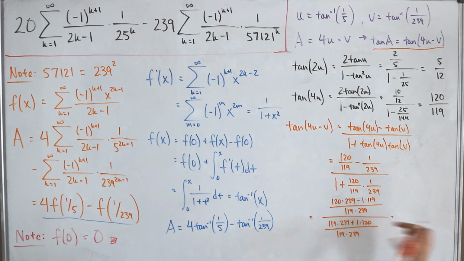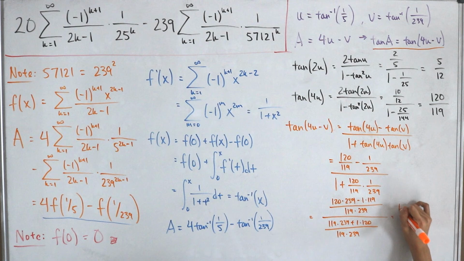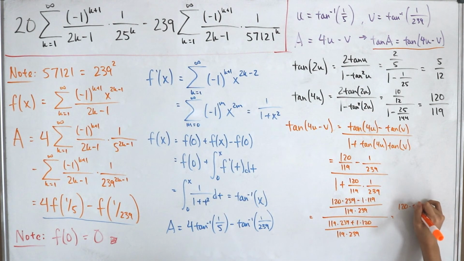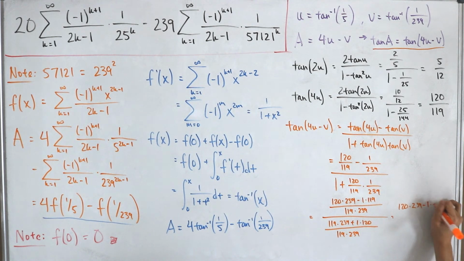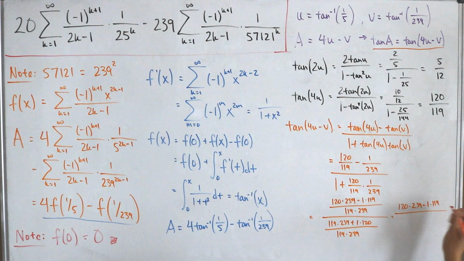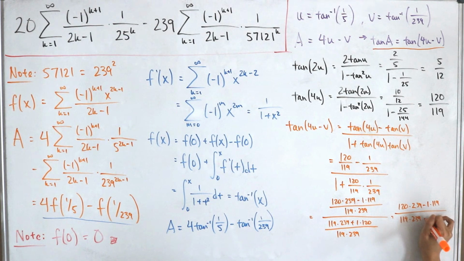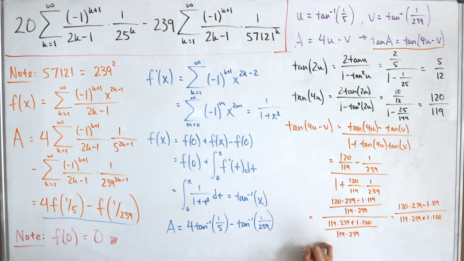So these denominators cancel, and we're left with just the numerators from both the numerator and denominator: 120 times 239 subtract 1 times 119, all divided by 119 times 239 add 1 times 120. Okay, this looks difficult to achieve from here. That's okay.